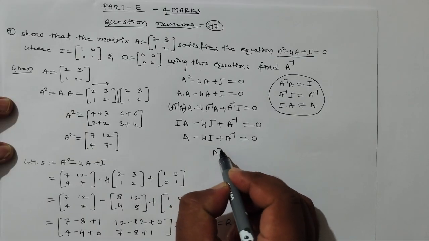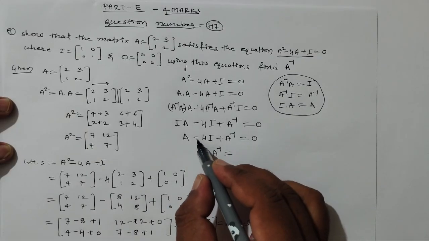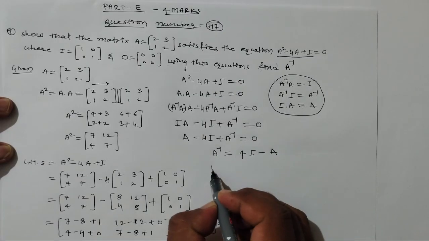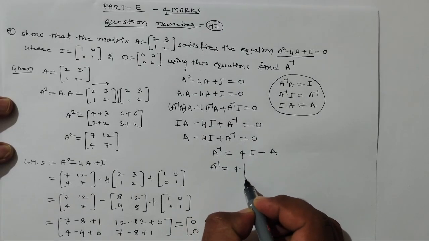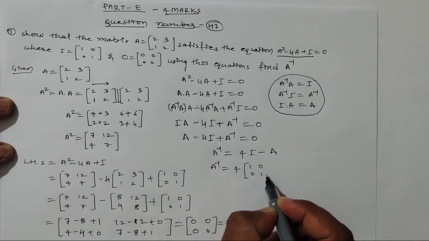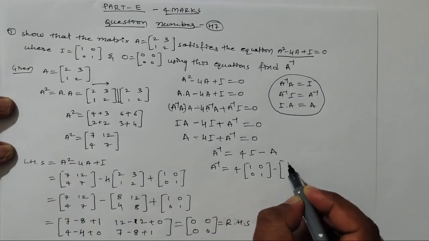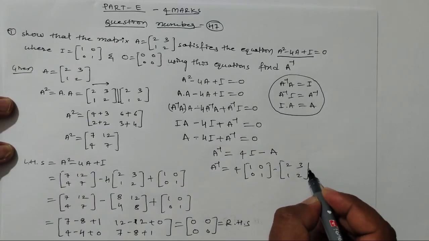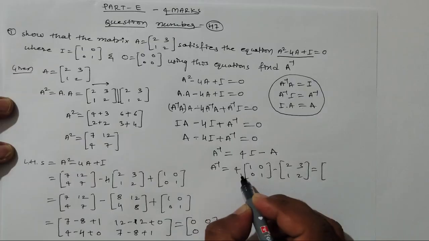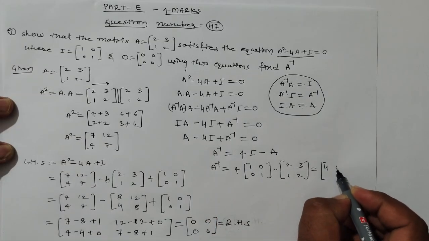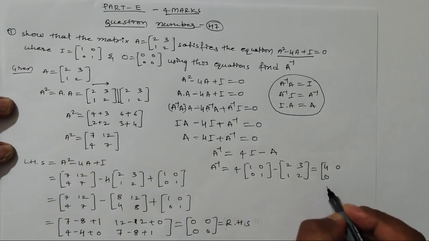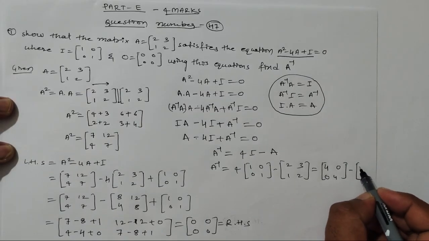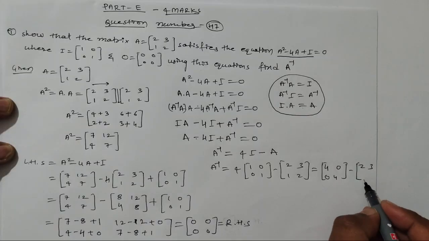So A inverse equal to 4I minus A. Then A inverse equal to 4 into the identity matrix [1 0; 0 1] minus the A matrix [2 3; 1 2].